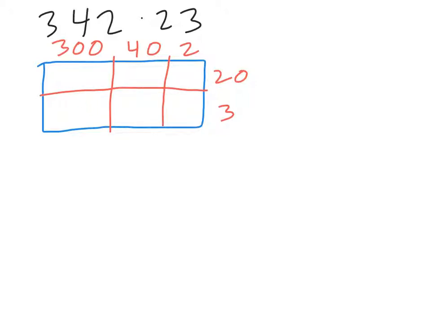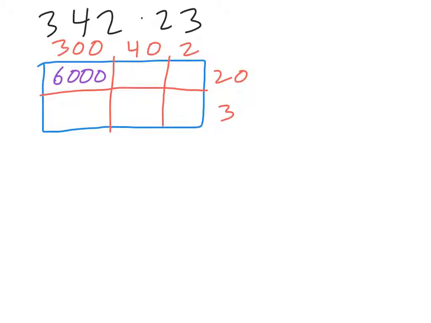So we're going to do the same thing we just did, but more visually and geometrically, if your mind thinks that way. So here we have 300 times 20 will give us this spot. So that'll be 6,000, sorry.